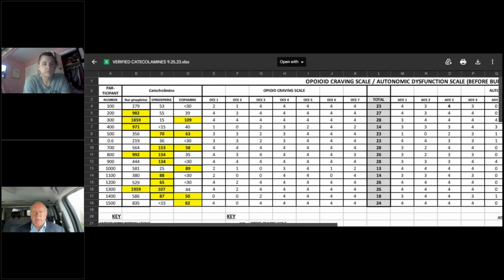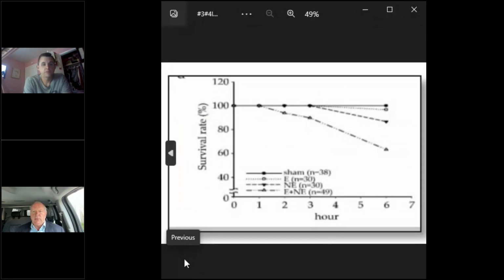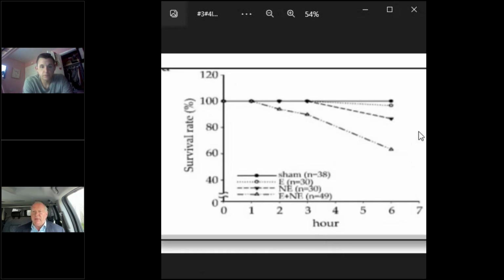Chrissy, while we're talking, let's jump ahead to the next slide, which is the Dr. Lou slide. Travis, I said we don't have any research on what it's like to experience adrenaline toxicity, catecholamine toxicity, and quite frankly, in the human, that's true. We got a little bit of research.